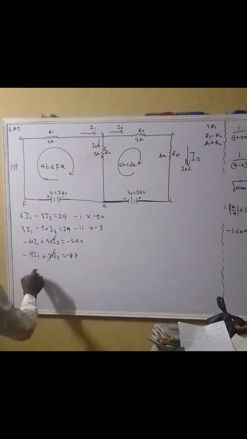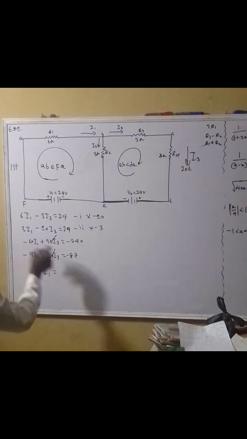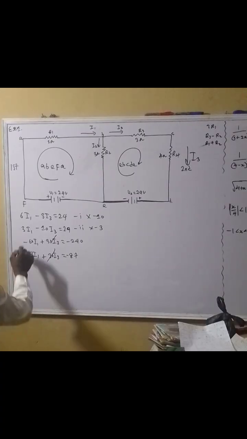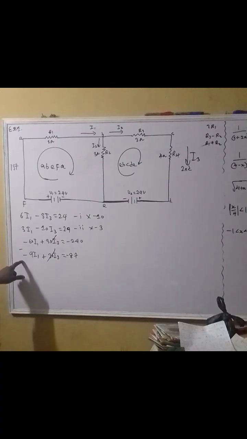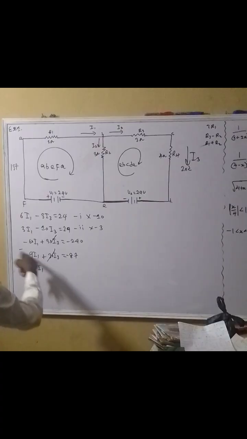So this cancels out this. This gives us negative 69I1, then we subtract, don't forget, negative times negative you have positive, so 60 minus 9, you have 51I1, then this cancels out.